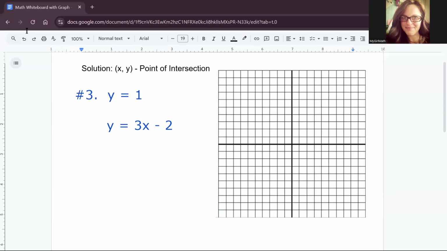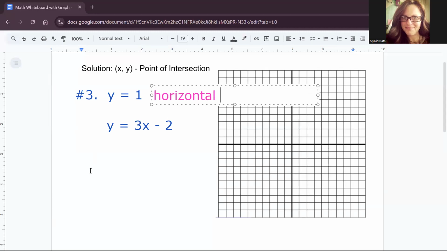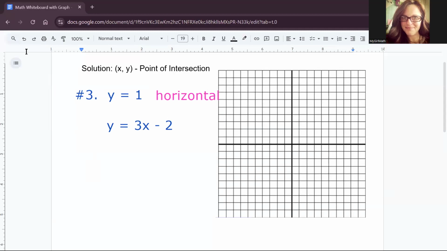Starting with our first equation, y equals 1. Y equals a number is a horizontal line going left and right. We'll put our first point on y equals +1 and draw our horizontal line so that the height is always +1.